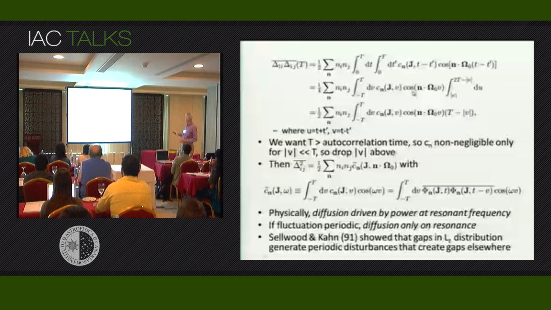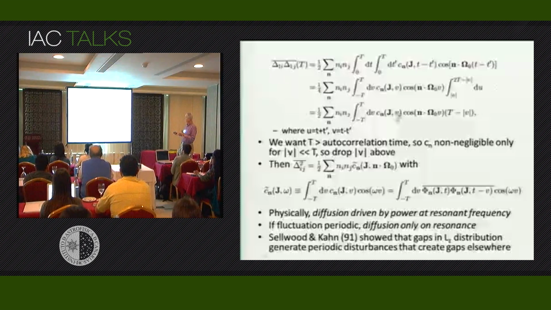And now the final approximation we make is we say, but after all, we said that t, big T, was going to be a time long compared to the autocorrelation time. What does that mean? Well, that means that this function here, which is a measure of the autocorrelation of the fluctuations, will be 0 unless v is much smaller than big T, right?